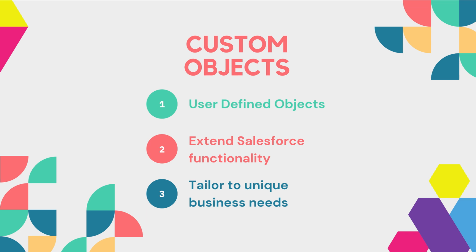For example, if our business needs to track project details or inventory levels, we can create custom objects for these specific purposes, as standard objects may not have all the fields or columns that are needed here. Also, standard objects have many additional fields that are not needed for this purpose, making them not suitable in this scenario. Let's see how we can create and configure a custom object in Salesforce.